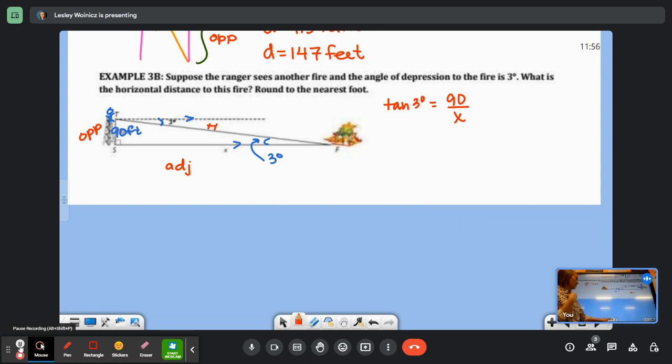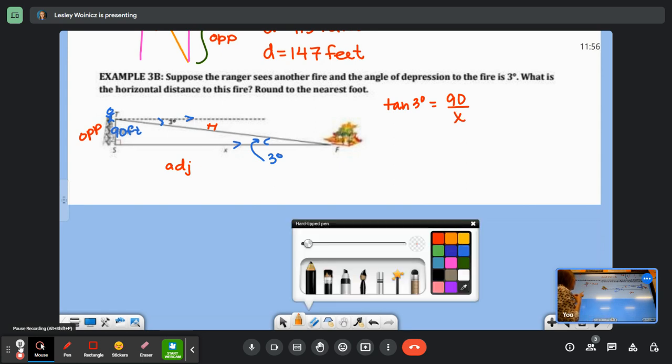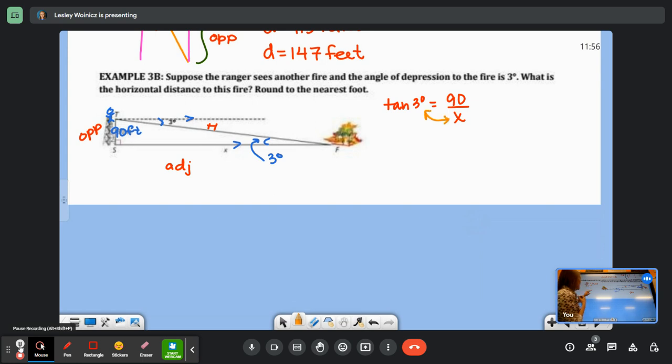And how do we get x out of the denominator? We can switch these spots on the diagonal of the equation. Okay, so that would be x equals 90 over tangent of 3 degrees. And you can do that on your calculator and write a sentence, but we don't want this video to be forever, so we're going to keep moving. Questions? Okay.